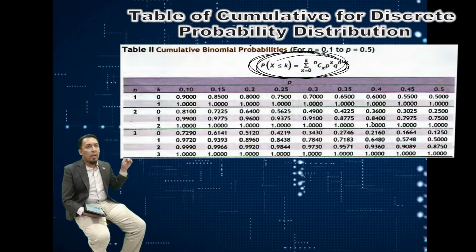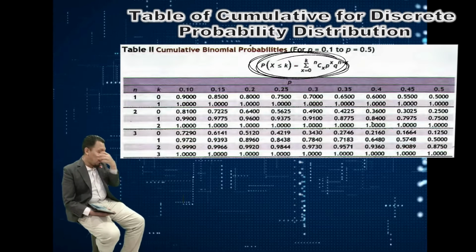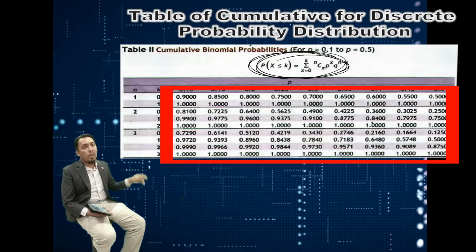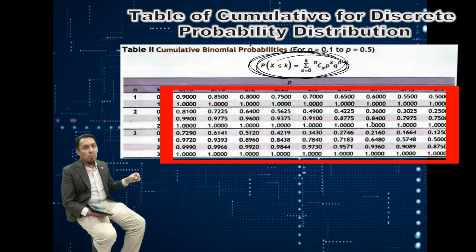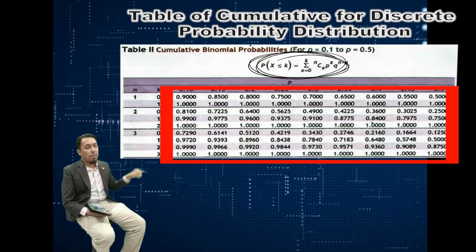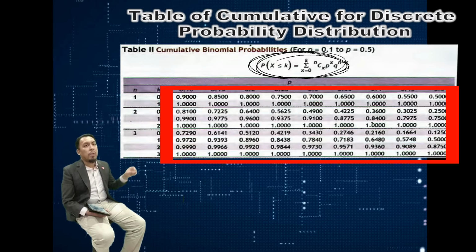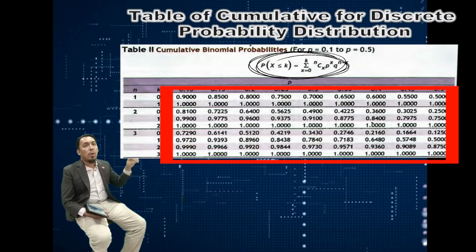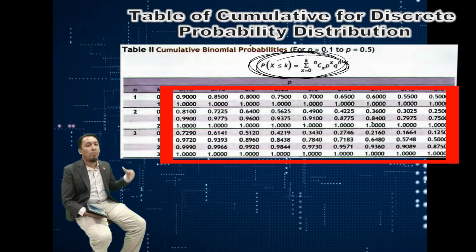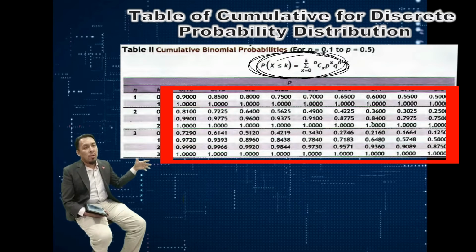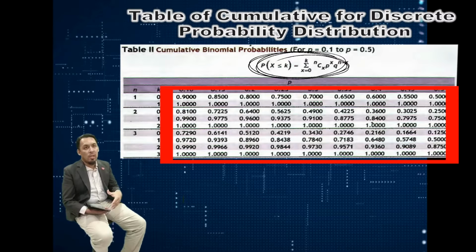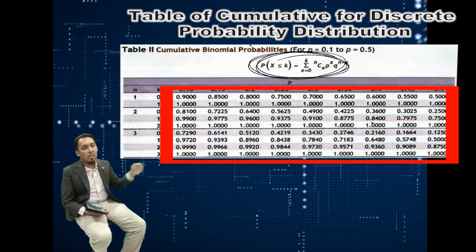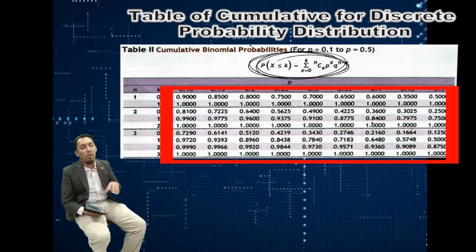What does this mean? It literally means that any probability value given in the table will be the cumulative probability value, which means the probability values that have been summed together, starting from 0 until the particular value that you are looking at.